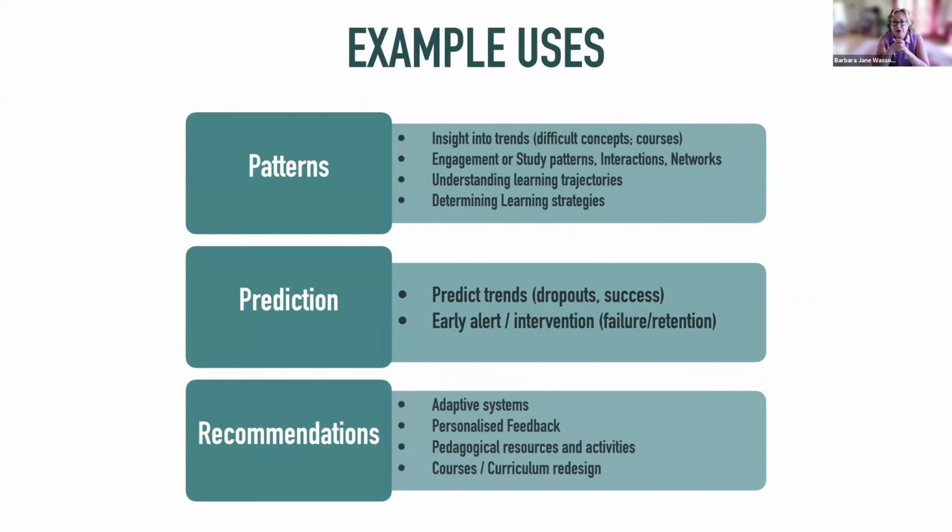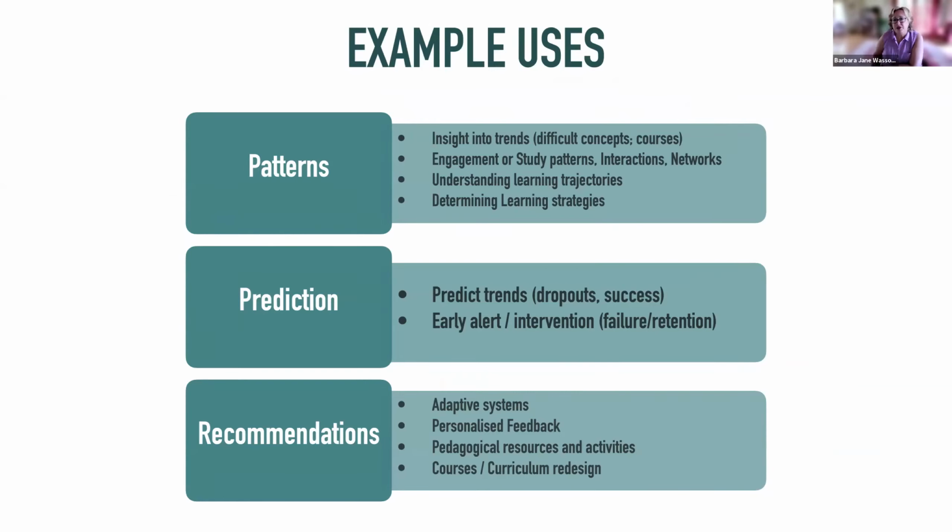And then some example uses. Generally, you can say that in learning analytics, we're looking for patterns, we're making predictions, or giving recommendations. So in patterns, we could look for insights into trends. There are some examples of identifying difficult concepts when you're learning something, or finding out why people are failing a particular course at university.